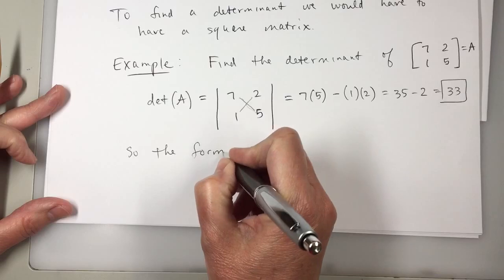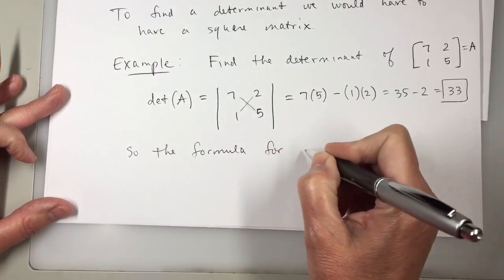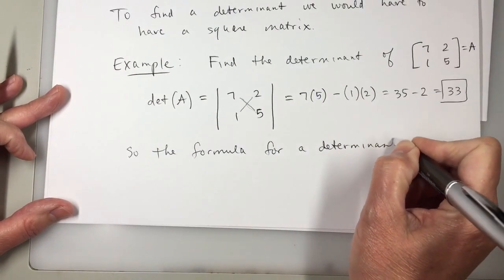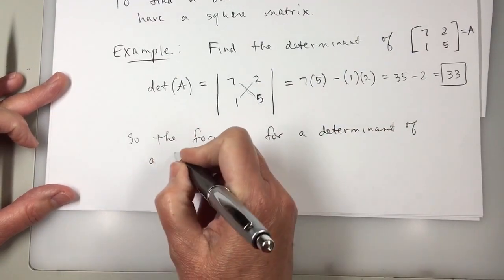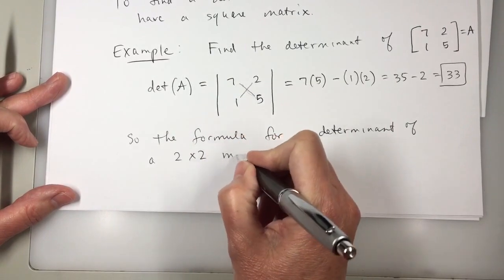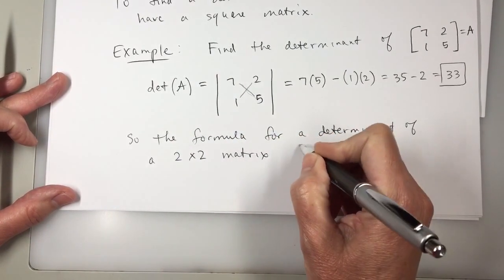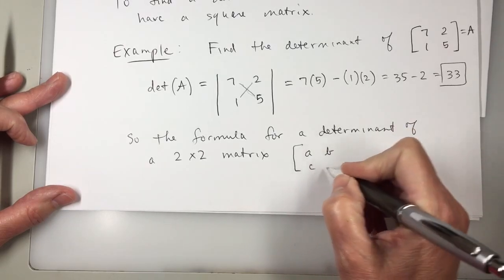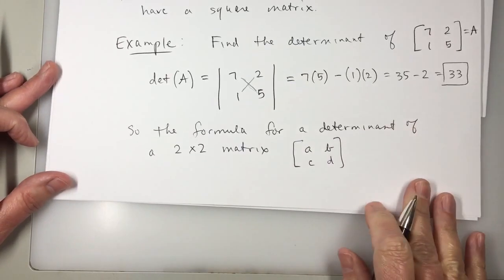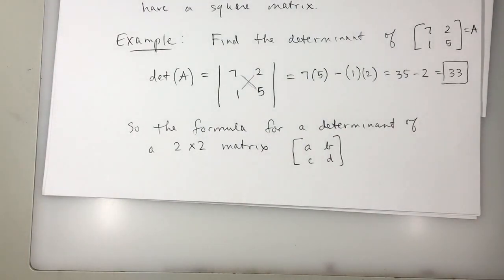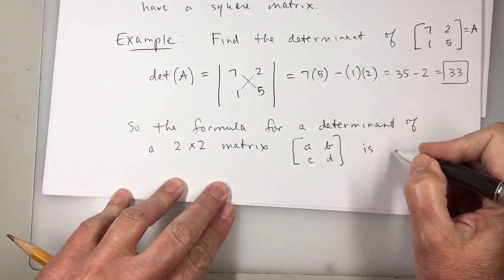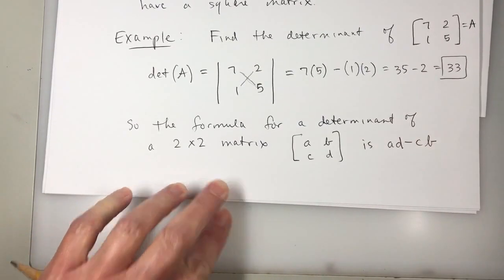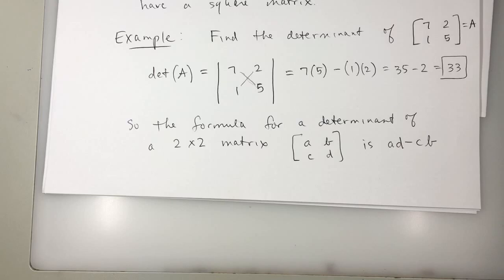So the formula for the determinant of a 2x2 matrix, and this is what you would see in the linear algebra books, A, B, C, D, where A, B, C, D are your numbers. It is AD minus CB. And the determinant is a single number.